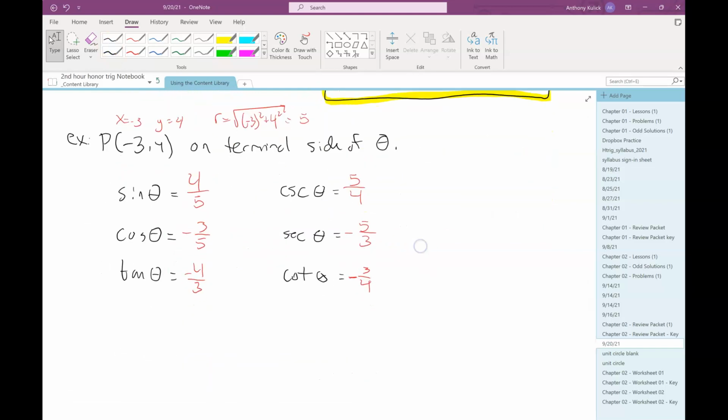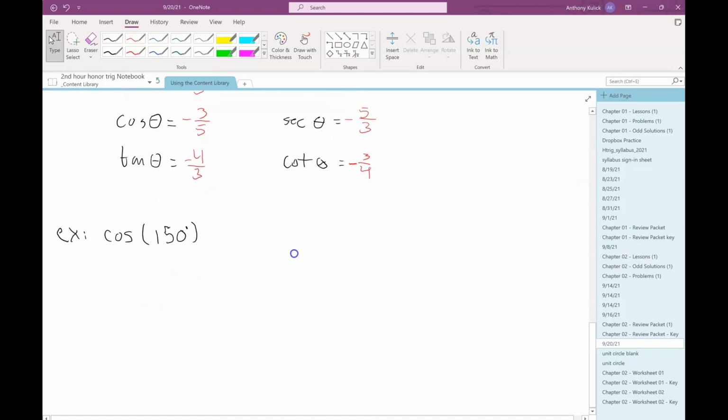What if instead we wanted to find, say, cosine of 150 degrees? So I'll start by drawing our picture. The vertex is at the origin, initial side on the positive x-axis, 90 and 60 more puts us over here for 150 degrees.